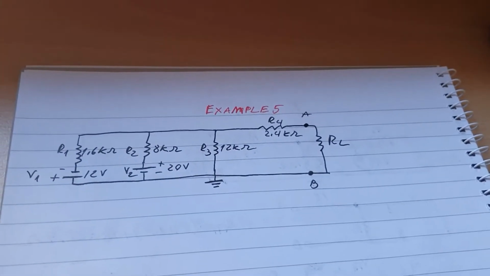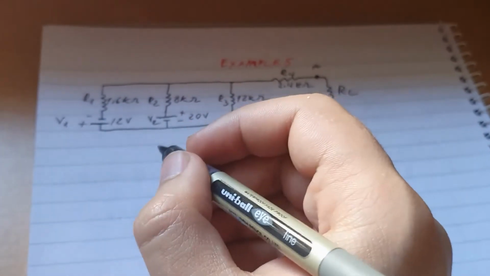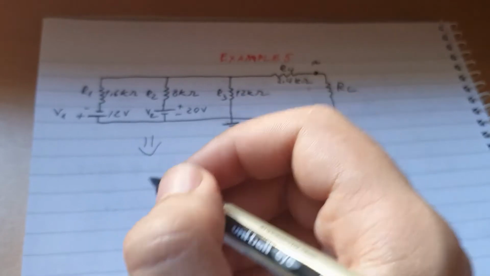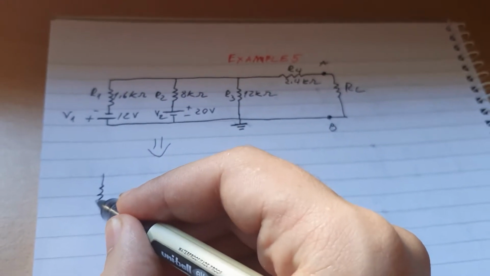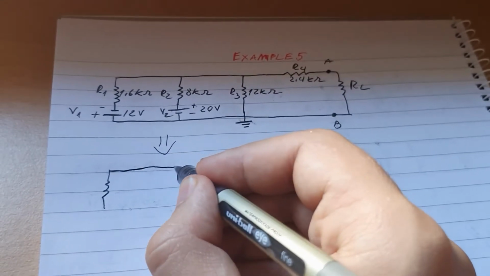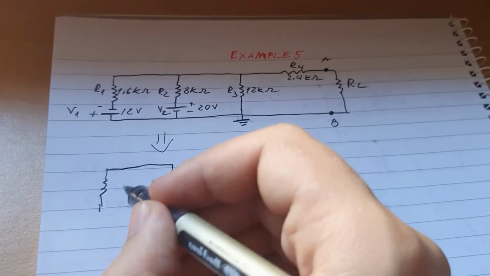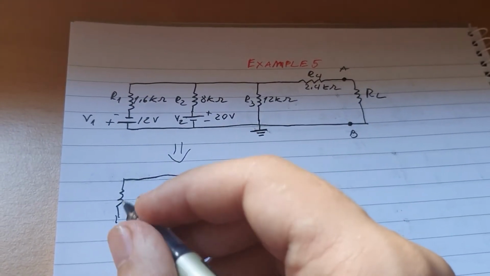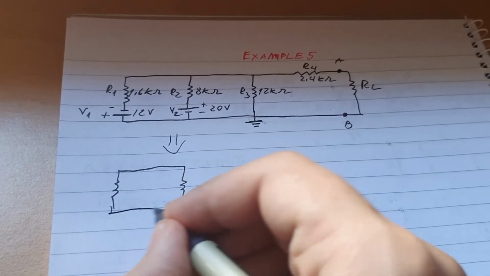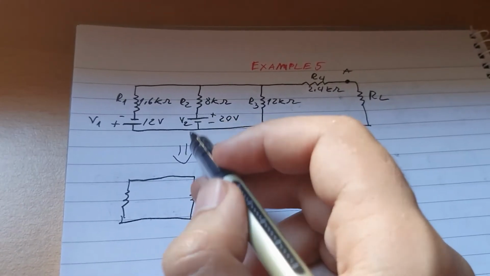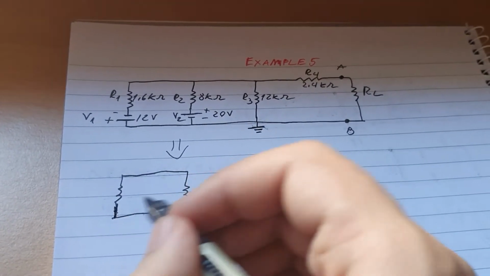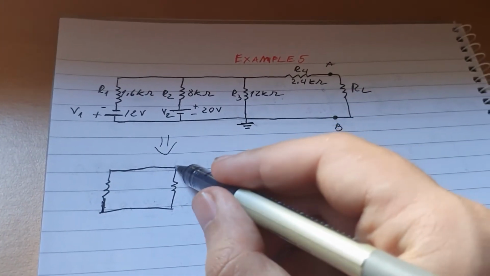Now let's go to the next step, which is finding RTH. And for that, we're going to need to redo the circuit. So one resistance in here, and the other one is in parallel in here. These are shorts, because the voltage sources make short circuits, and that's why they are parallel.